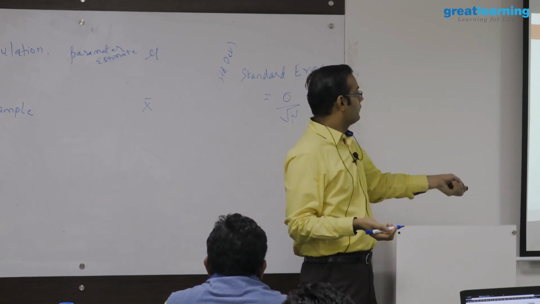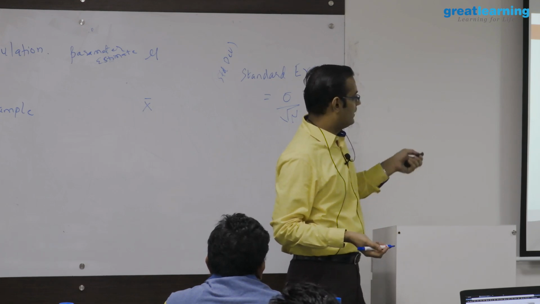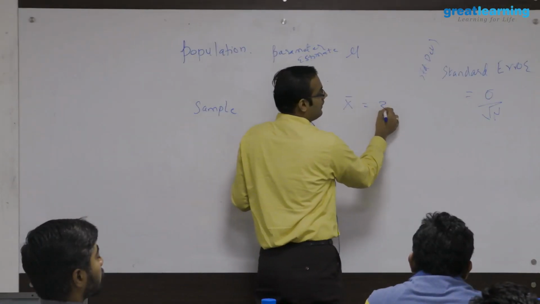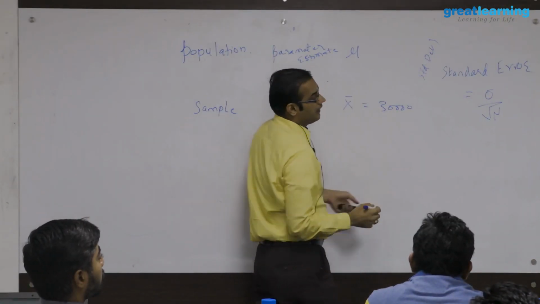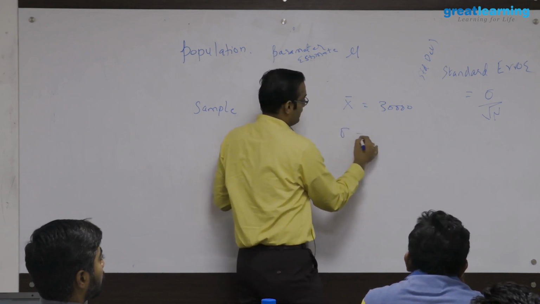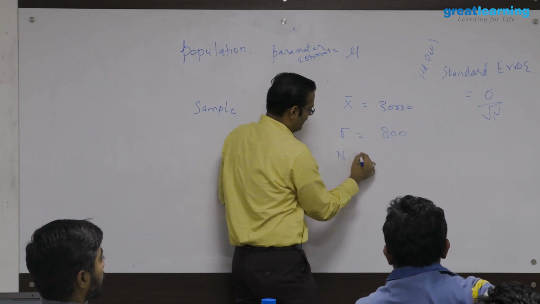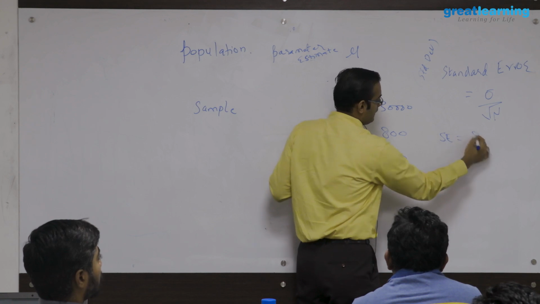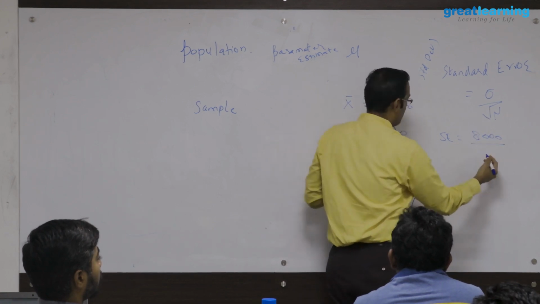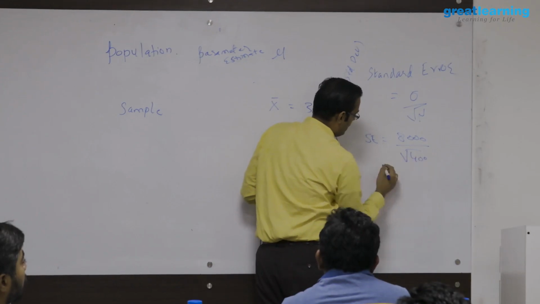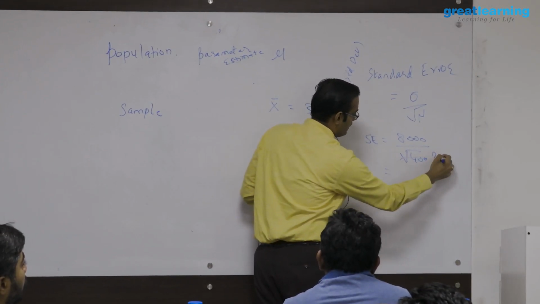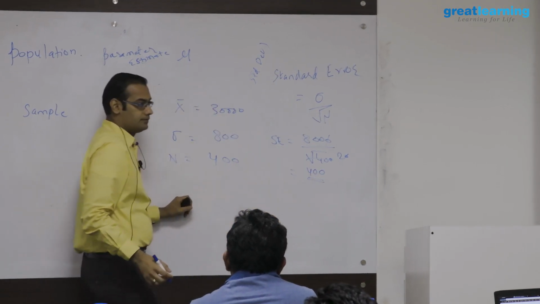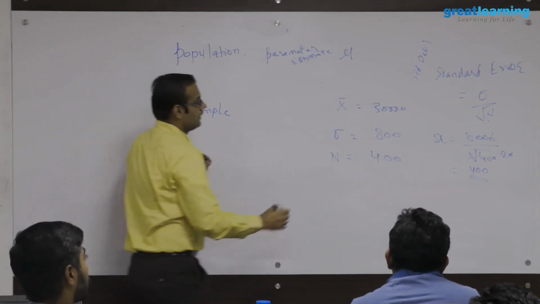That's what we understood. So here in the example, we had x bar as 30,000, sigma as 8,000, n as 400. So standard error in that case was 8,000 divided by root of 400, which comes to 400, right? What does that mean?